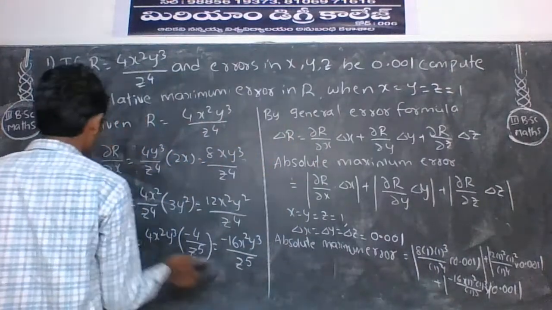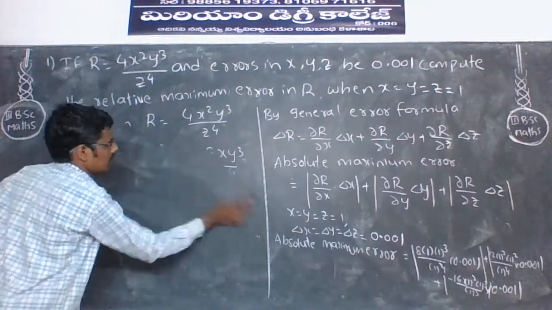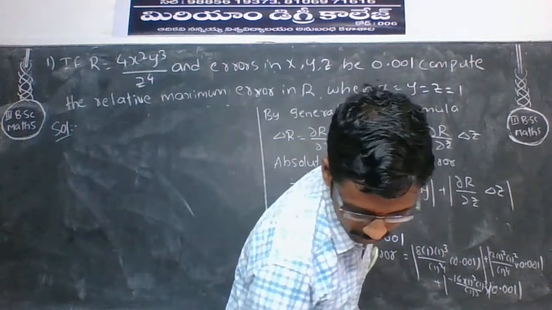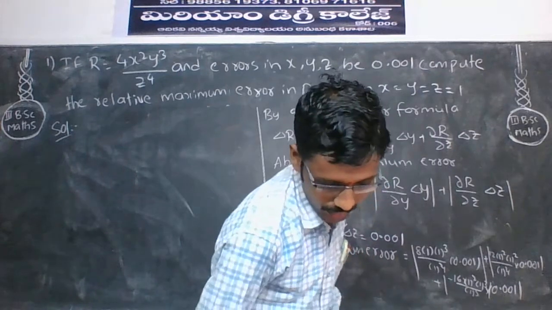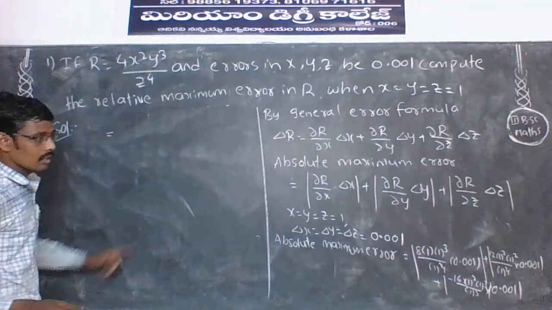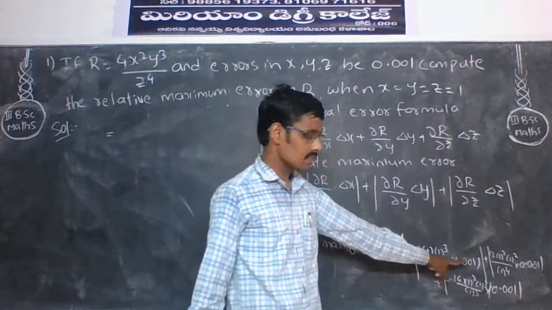So we find the absolute error, which is equal to 8 into 0.001.